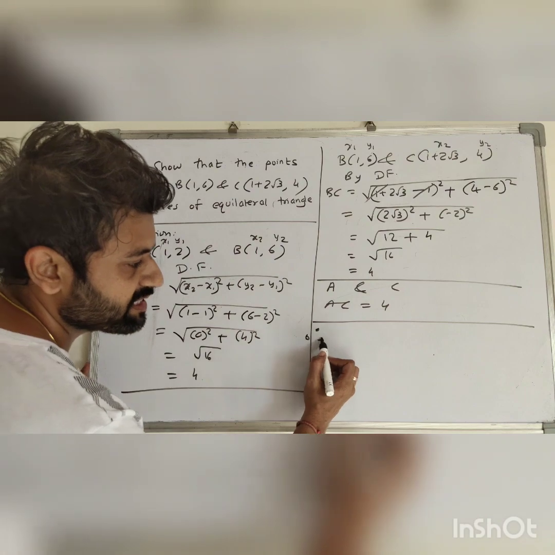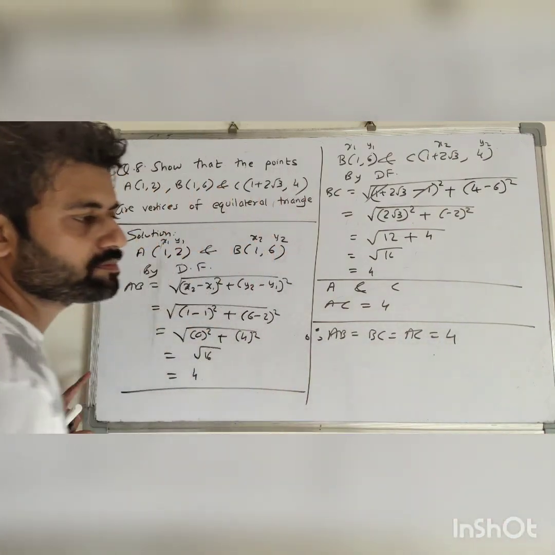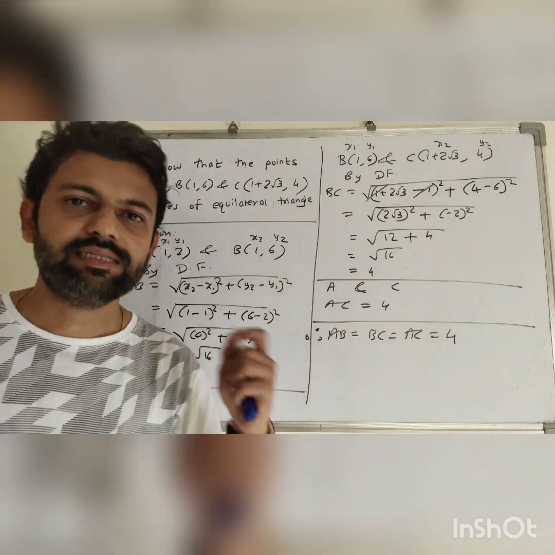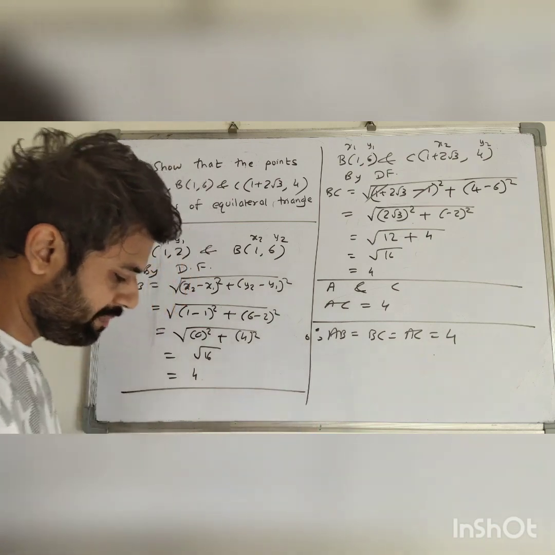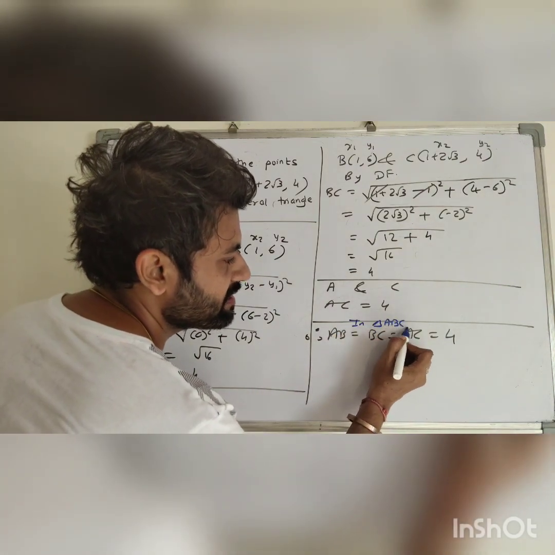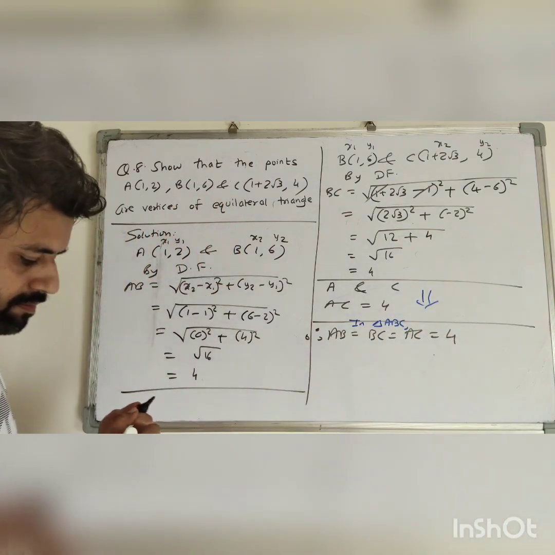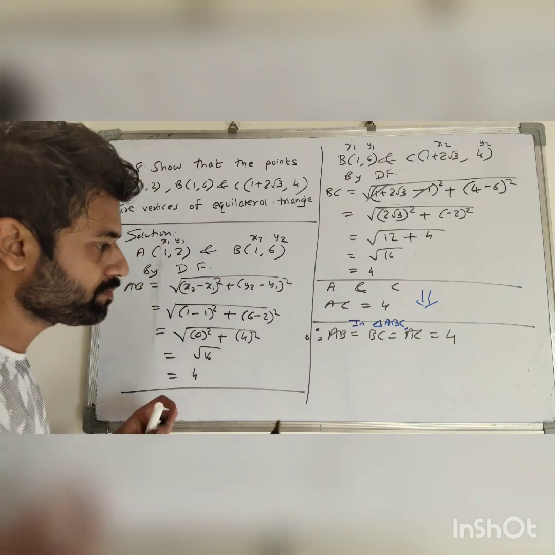So therefore we can say that AB is equal to BC is equal to AC is equal to 4. If you want, give numbers from 1 to 3, if you don't, it will still be fine. This is happening in triangle ABC. This arrow means this has to be solved by the student.